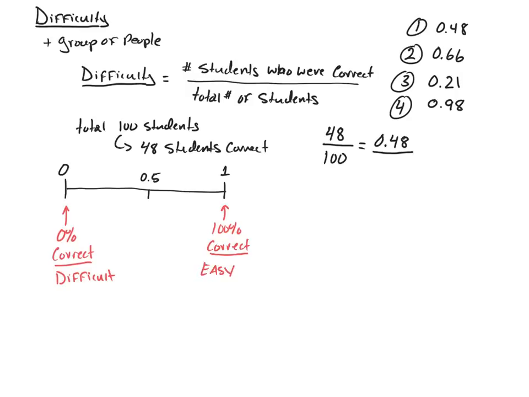And so from 0 up to 1 is ridiculously difficult to ridiculously easy with most of our questions, okay? When looking at the statistics, we would want most of our questions to more or less be in this area right here. We want them to more or less center around a 0.5.